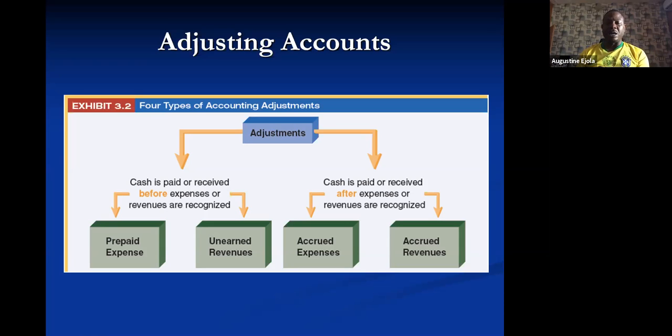And like the MTN example that I gave, when we buy recharge cards, let's assume, for instance, I want to recharge my phone, and I buy a recharge card of, say, 5,000. As far as MTN is concerned, and let's assume that is the only transaction that day, they will have an unearned revenue of 5,000 because money has come in.